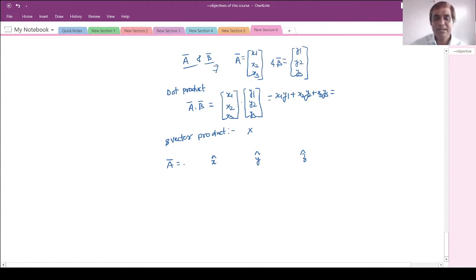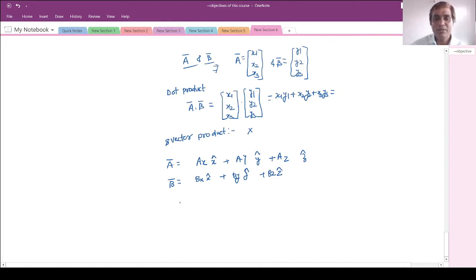I write the a vector as ax plus ay plus az along the respective unit vectors. Similarly, I can write the b vector, with bx as the x component, by as the y component, and bz as the z component.